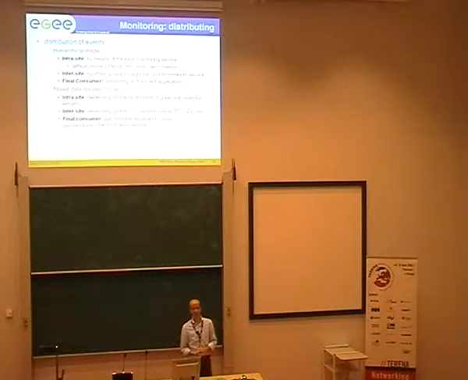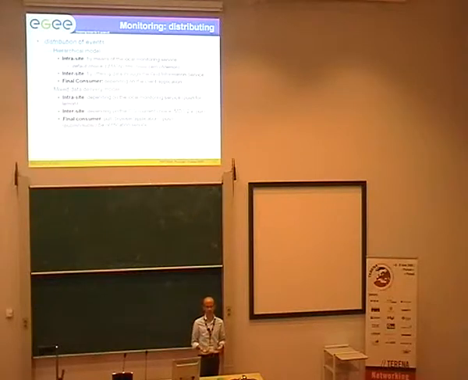Once these have been produced, we need to distribute them. We have said that a grid spans administrative domains. The first problem is that each site has its own local monitoring service, and a grid monitoring service should be able to integrate with the local one in order to avoid a proliferation of monitoring services.